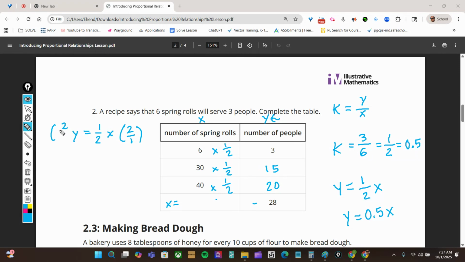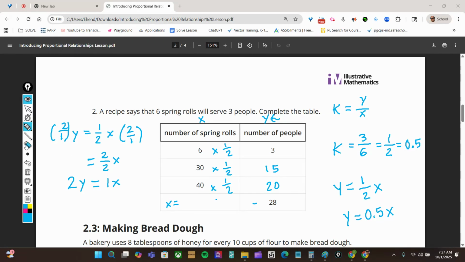If we do it on the left, we got to do it on the right. That's a 2 over 1. Okay, so this cancels, because if you multiply this out, that's going to be 2 over 2x, which is the same as 1x. And over here, you're going to get 2y. So x equals 2 times y.